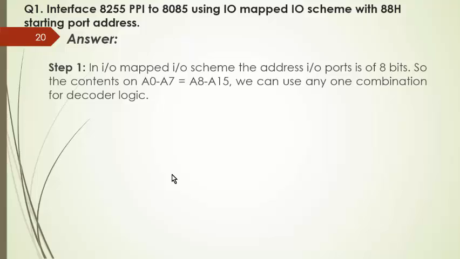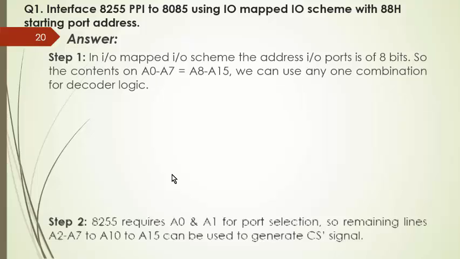So the first step: in IO mapped IO scheme the address of IO ports is of 8 bits, so the contents on A0 to A7 are the same as A8 to A15. So we can use any one combination for the decoder logic.